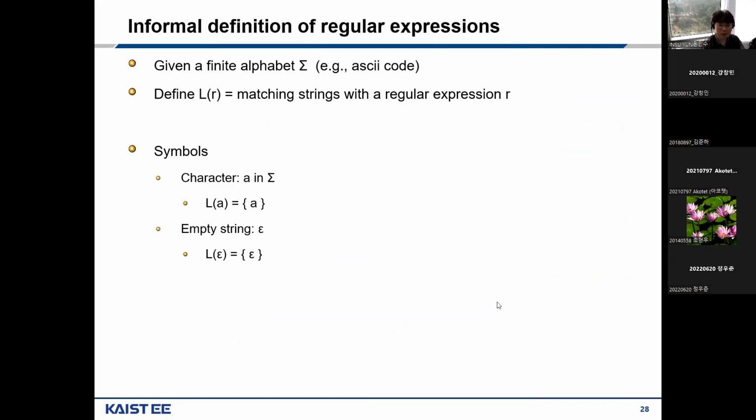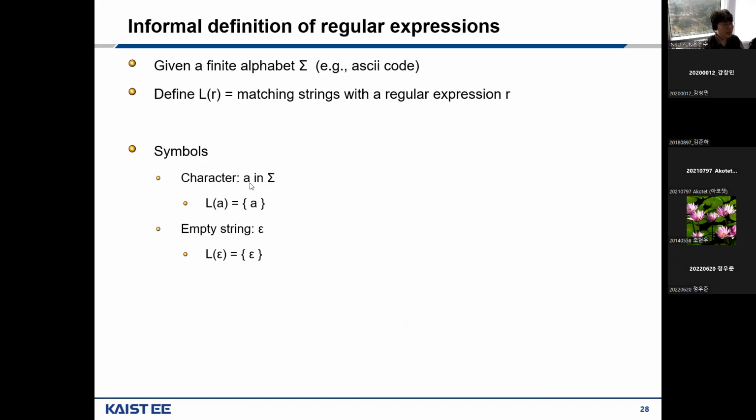So this is a very, very informal definition of the regular expression. Given a finite alphabet, for example, let's assume ASCII, we can define L(R). What this means is the set of strings matching the regular expression R. Given the regular expression R, L(R) defines the matching strings. And there is a concept called symbols: there is a character and the empty string.